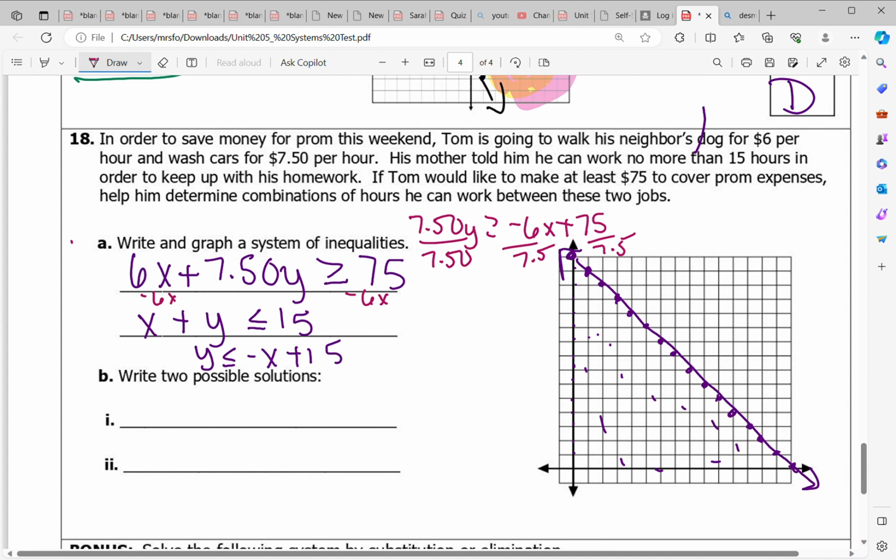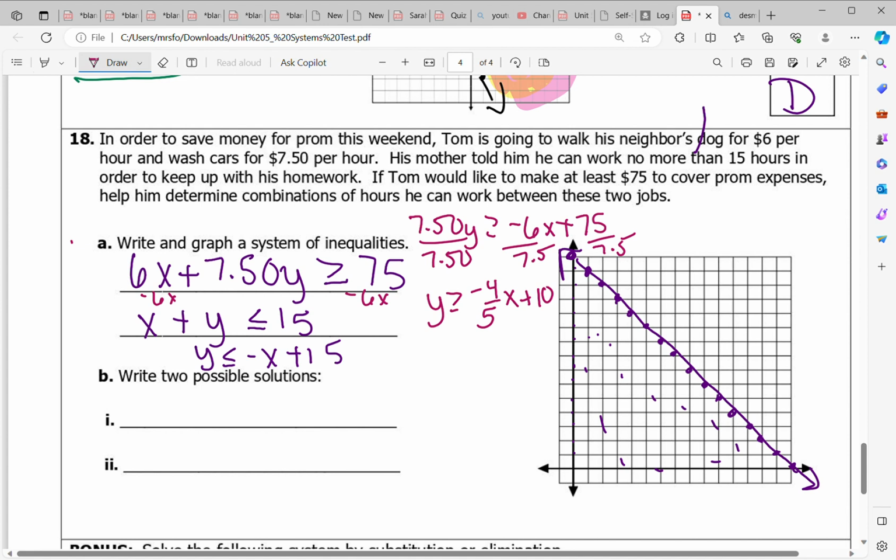Okay, so 6 divided by the 7.5 is going to be a -4/5 x, and then 75 divided by 7.5 is 10.